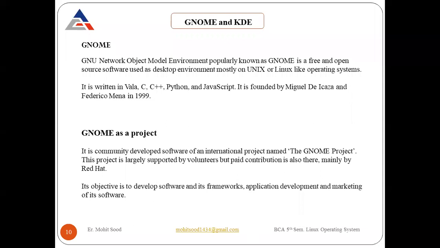GNU Network Object Model Environment, popularly known as GNOME, is free and open source software used as a desktop environment, mostly on Unix or Linux-like operating systems. It is the default desktop environment on many Linux distributions, such as Fedora, Debian, Red Hat Enterprise Linux, CentOS, Oracle Linux, Solaris, and for example Kali Linux.